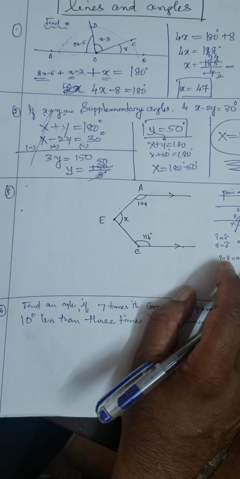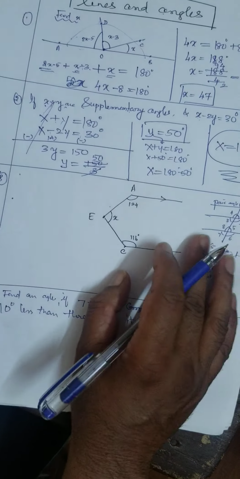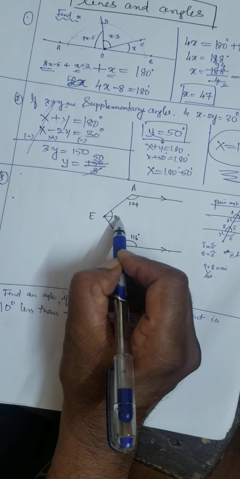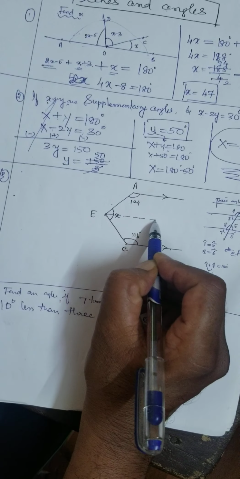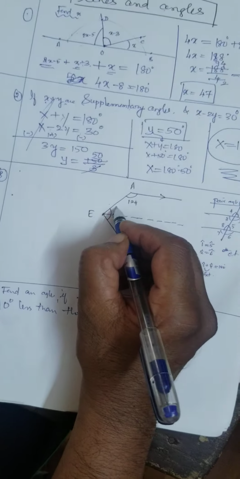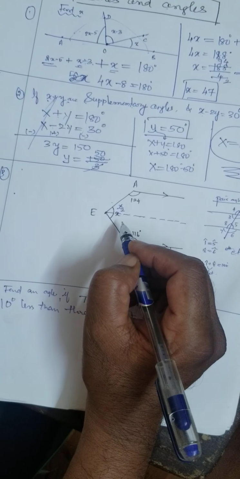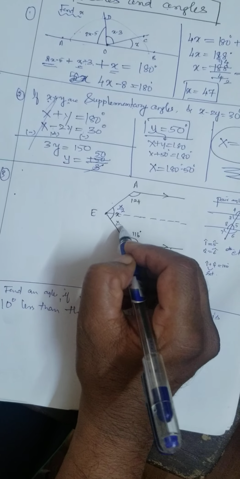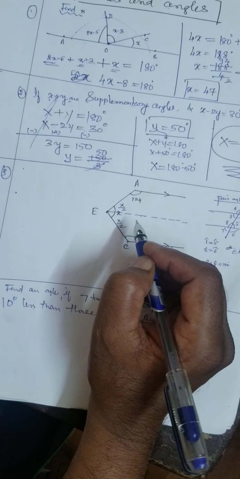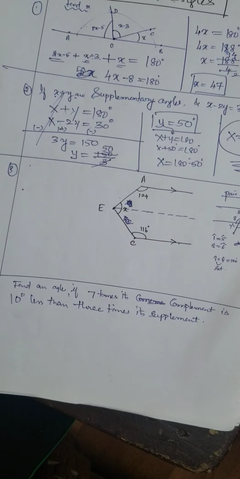Now how to do this sum? Parallel to this, you draw one line. This is x by 2, and this is also x by 2, right?